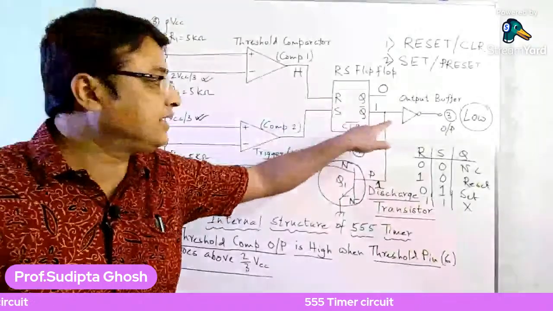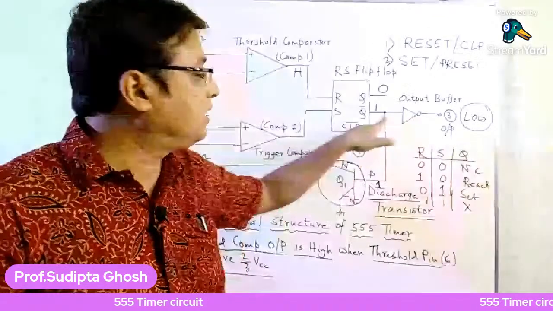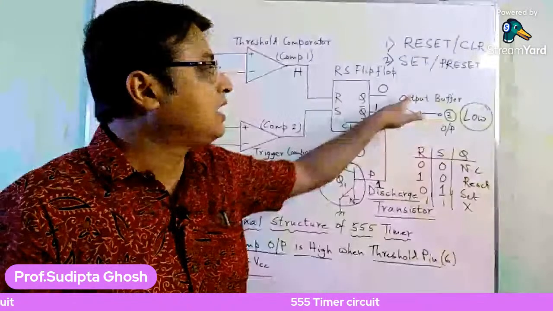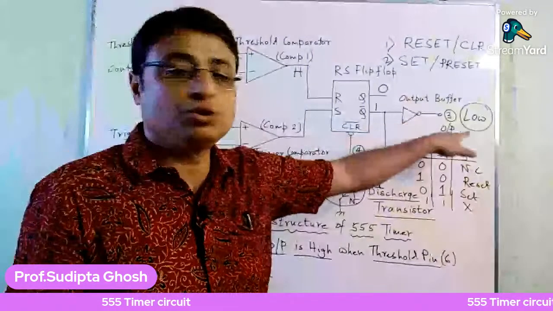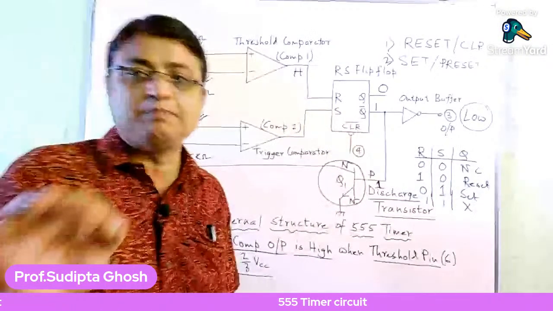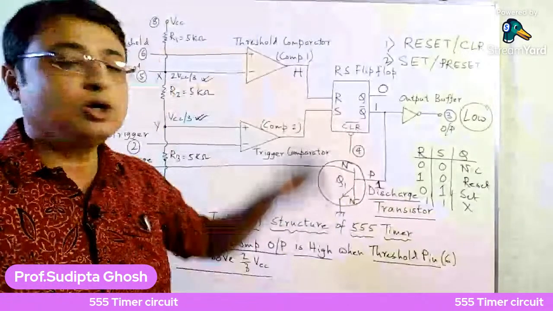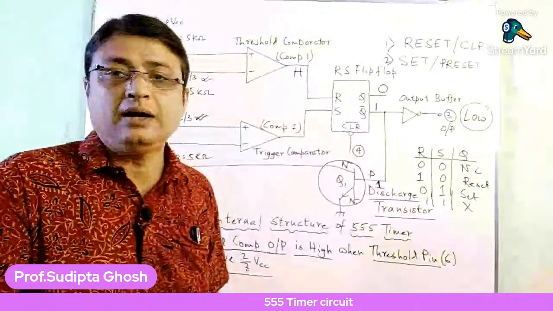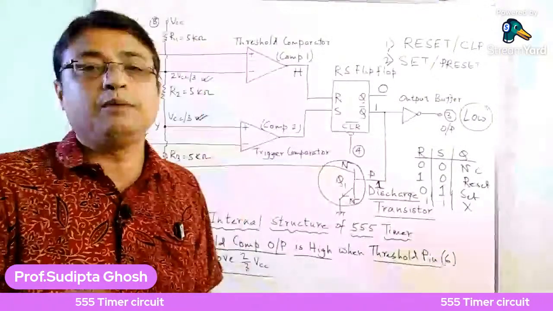The output goes after the output buffer, so the output again goes to the low state. Remember that when the threshold comparator output goes high, the output of the 555 timer is in the low state.